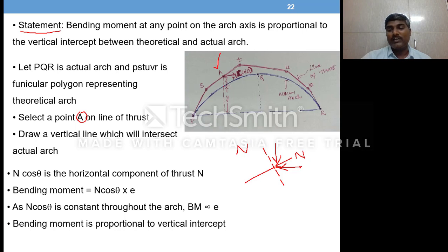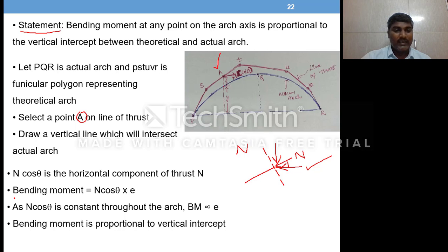This will be the horizontal component, and this will be the vertical component. Now we will talk about this N cos theta. This being theta, this component is N cos theta, the horizontal component of the thrust.